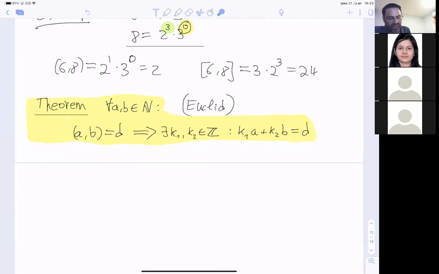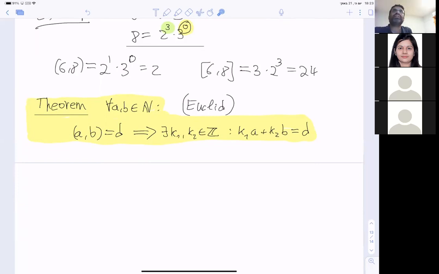This is very easy. We take 8 minus 6, it's 2, and that's all. So the combination here is 1 and minus 1. But in general, it's not so easy to find K1 and K2. But there exist integers K1 and K2 such that their combination of A and B gives you their GCD.